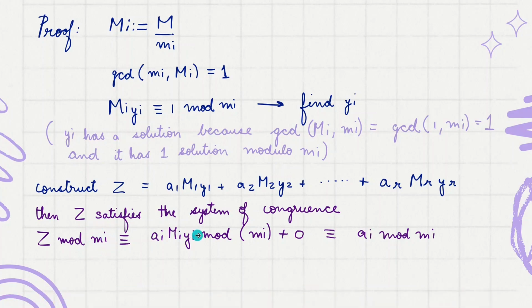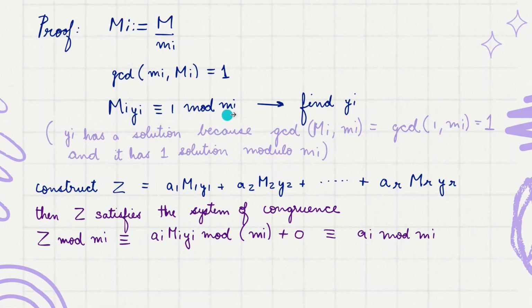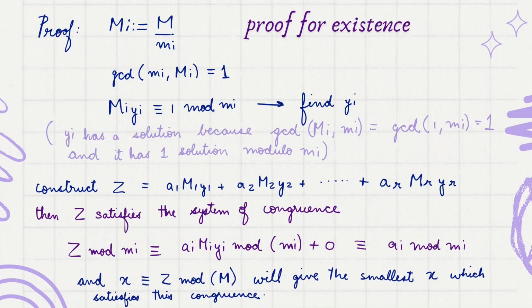So when we divide by small mi, we get a remainder of 0. The only term remaining, which is not divisible, is ai capital Mi yi mod mi. And note that capital Mi yi is congruent to 1 mod mi. So ai capital Mi yi will be congruent to ai mod mi. Therefore, we see that z satisfies the system of congruences, and this was a proof for existence of solution.